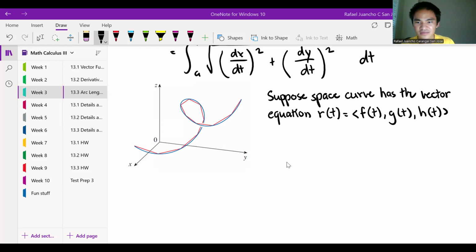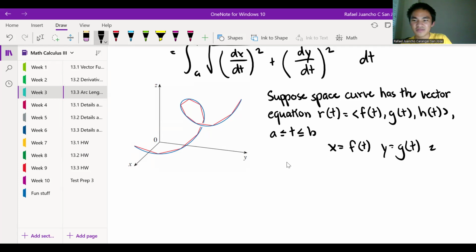They have parameters t, where we have bounds a and b. Or equivalently, we can say x is f of t, y is g of t, but they mean the same thing. z is h of t. So when you separate them, they're parametric equations, which is why if you have parametric equations, you can immediately convert it to a vector function. And vice versa. If you have a vector function, you can rewrite it in terms of x, y, and z.